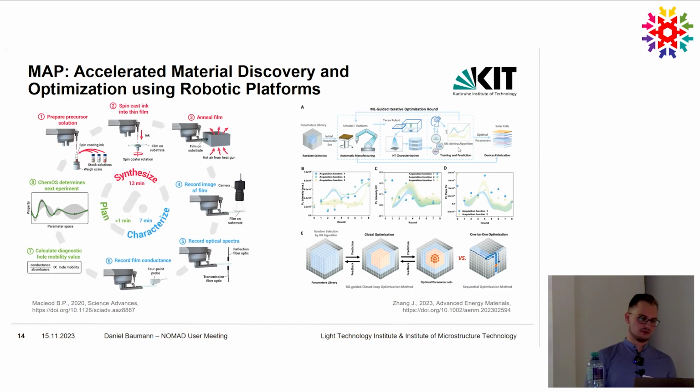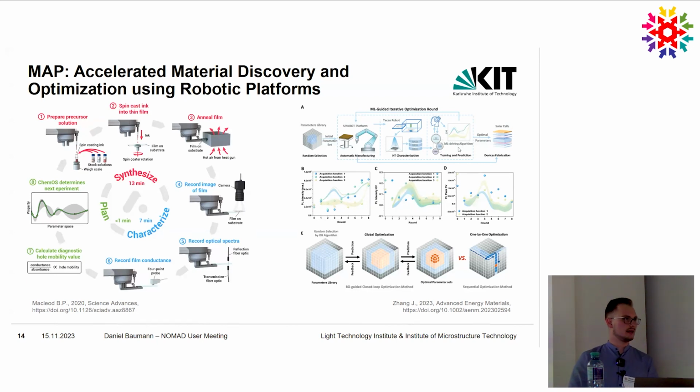So McLean from Vancouver or Zhang in Nuremberg or in Erlangen, they showed how the use of optimization algorithms can really close the loop and have automatic evaluations of data, and then in the second step also automatic planning of the next experimental parameter sets. And with this, you can, independently of the researcher, optimize different layers of your, for example, perovskite solar cells.